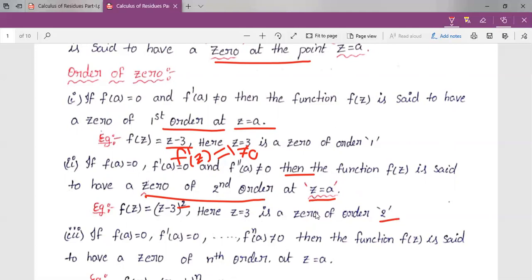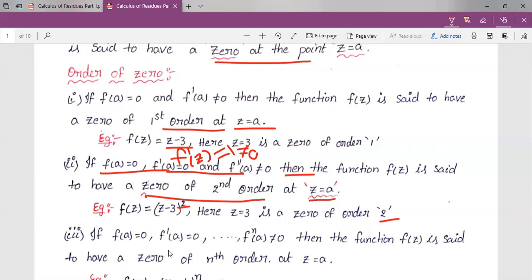This is the simple way of finding the order of the zero, or otherwise we go through the conditions: f(a) equals 0, f'(a) equals 0, and f''(a) is not equal to 0. Then z equals a is called a zero of second order.